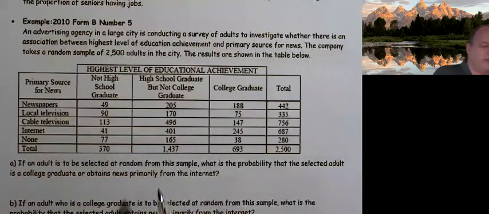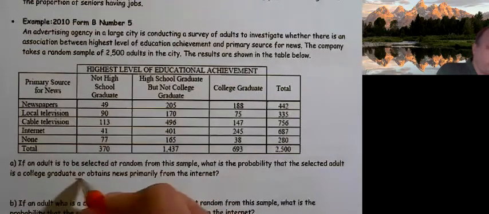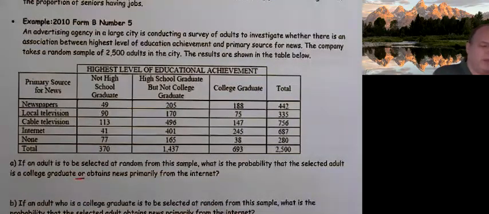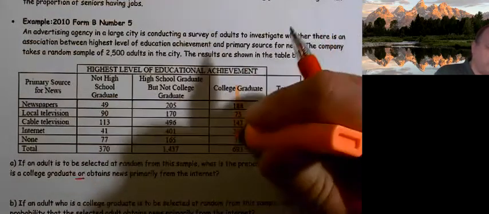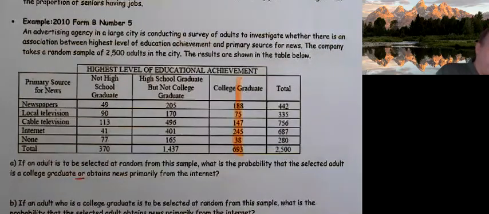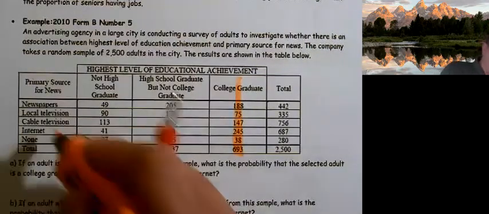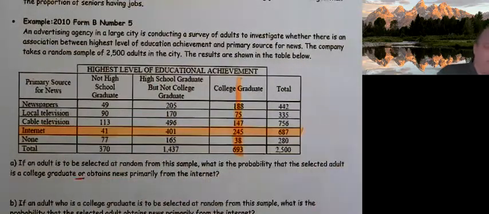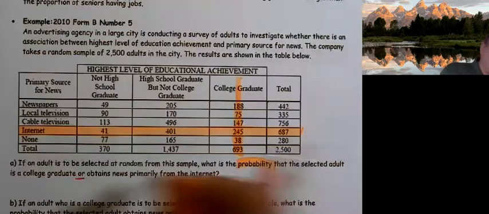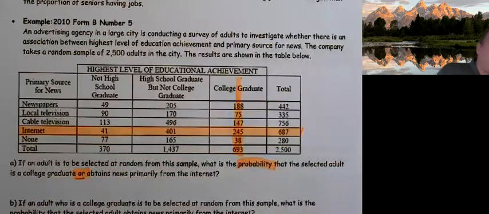All right, so here they use the word or. So we want to know, are they a college graduate, or do they obtain their news from the internet? And the keyword: we were looking for a probability, we're not looking for a frequency, and we have the word or.